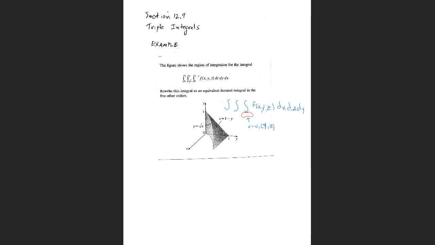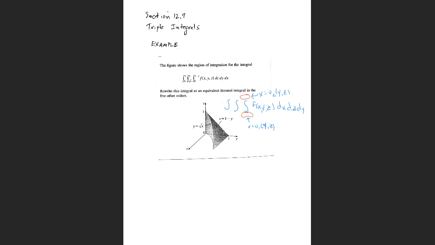Okay. Let's look at the top here. On the top, that is going to be a u2 function of y and z as well. Now what we're doing is looking at this solid.